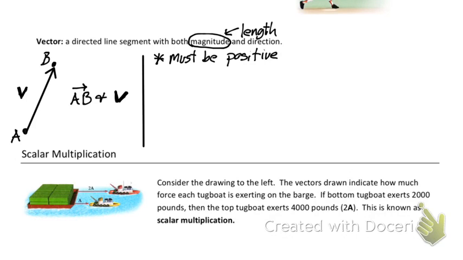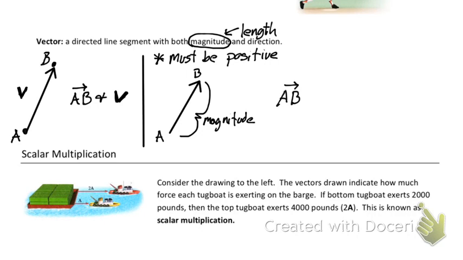All right, it must be positive. And so if we have, once again, our vector AB, our magnitude is this length here. And the symbol for magnitude is just an absolute value bar.